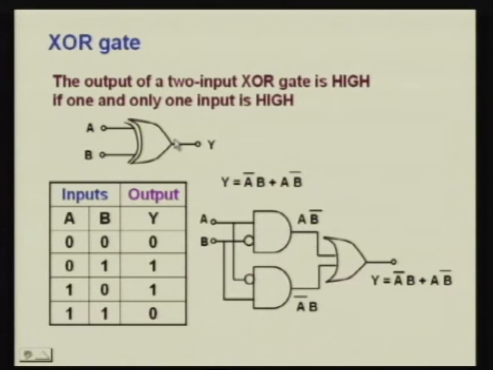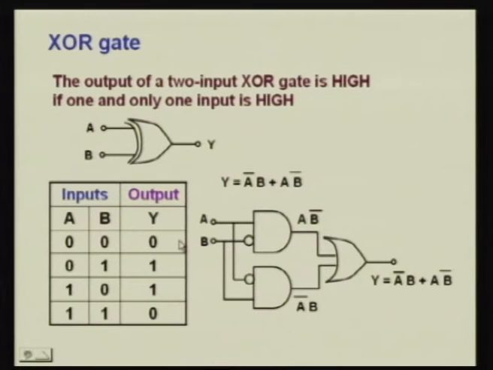One more thing: where can we use this XOR gate? It can be used in the arithmetic circuit, the arithmetic portion of any computer, and also in a comparator circuit, where we have to compare two signals. If we have two signals A and B and both are equal, then definitely at the output we will not be getting anything. That means the output will be off, or in the zero state.